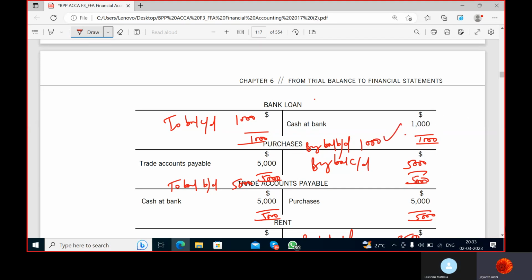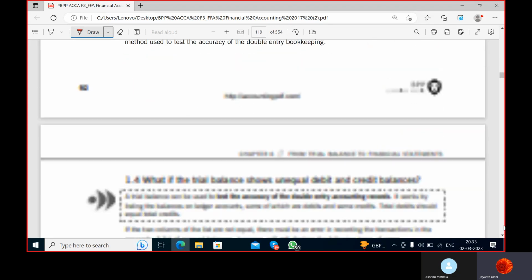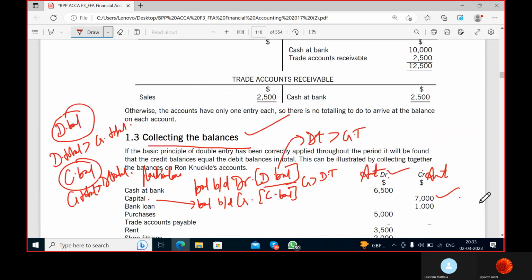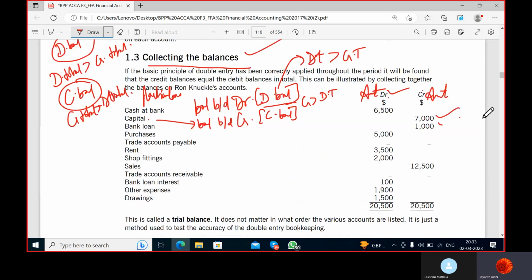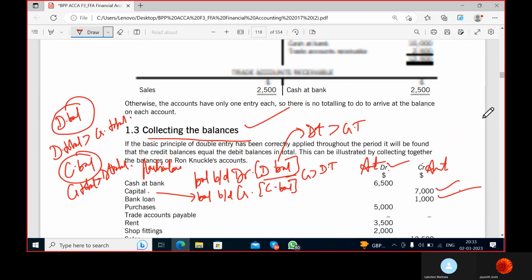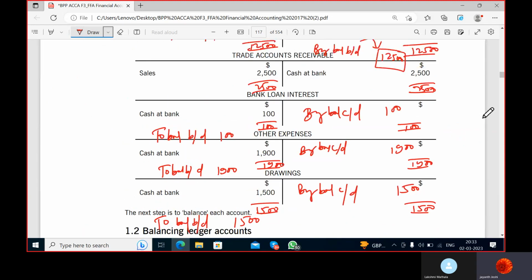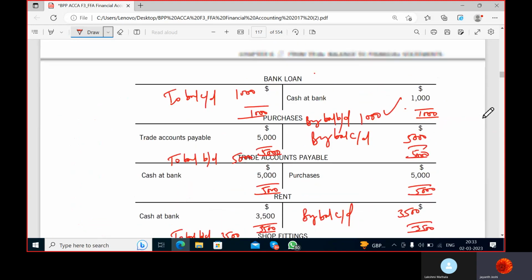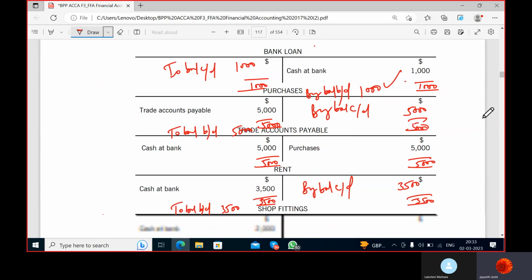So we'll put it in the credit side. So bank loan is credit. Why? Because the credit side total is more than the debit side. So it is a credit balance. So that's done.